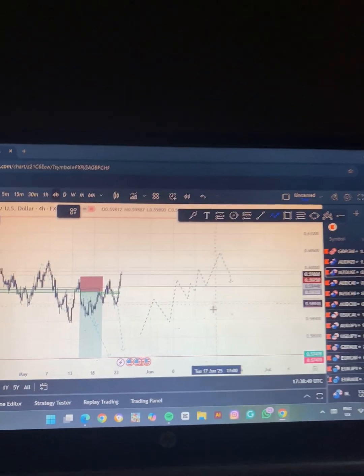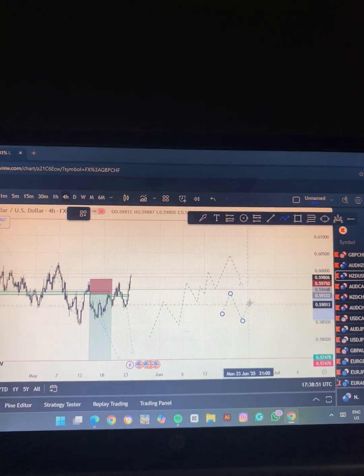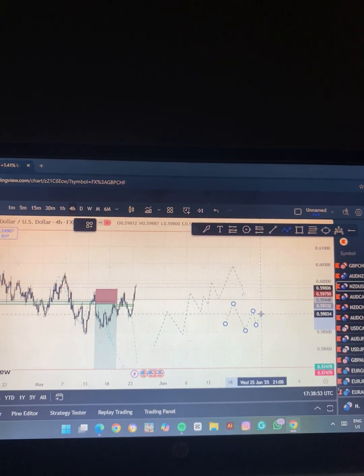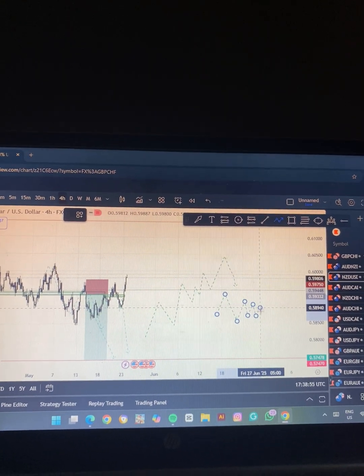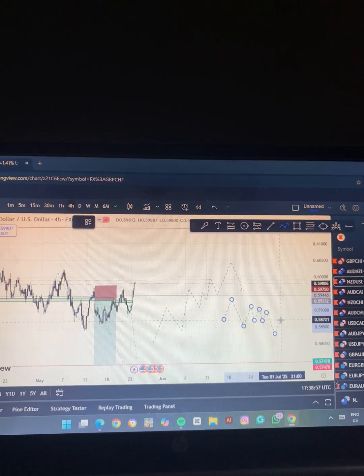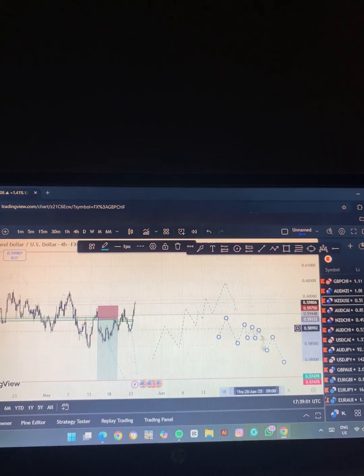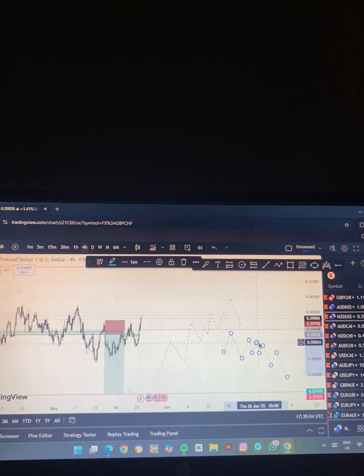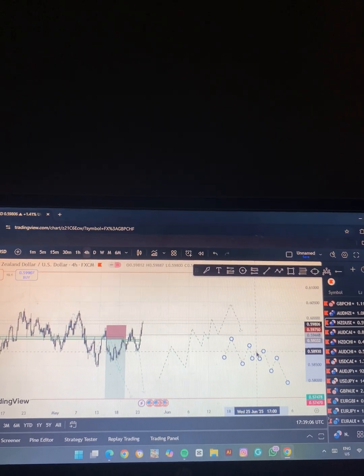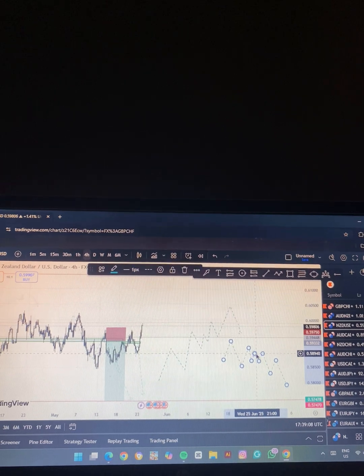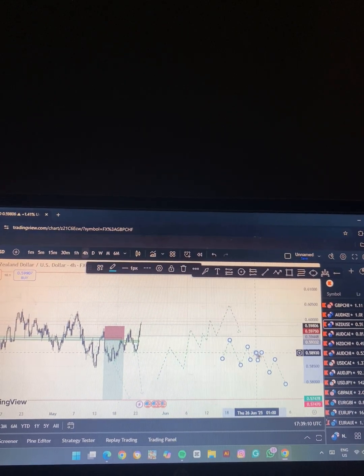Same for the bearish: if it does this in between that zone or area, this here is still bearish.